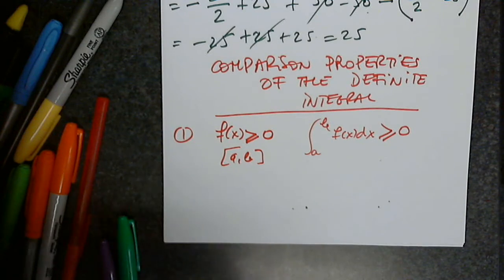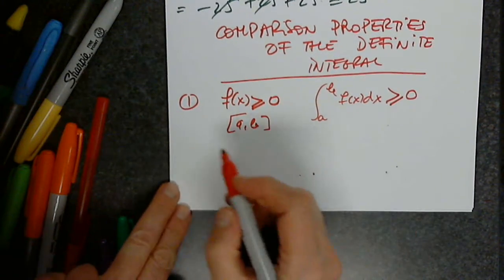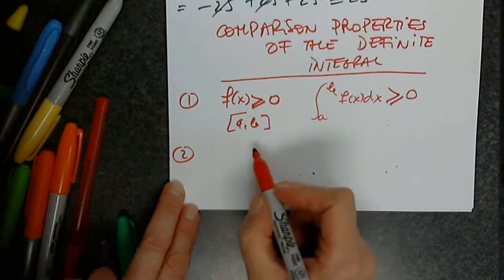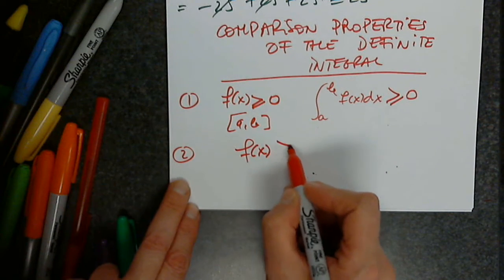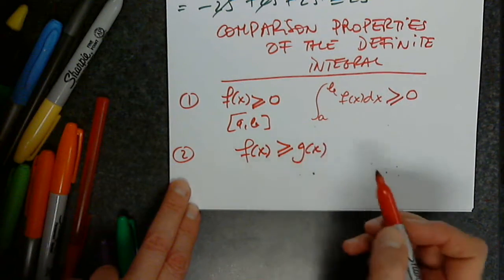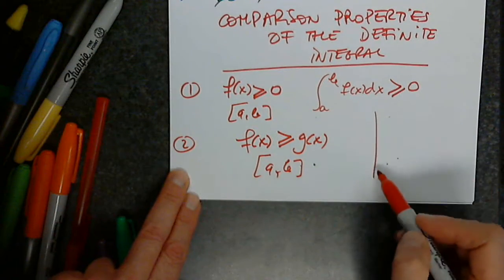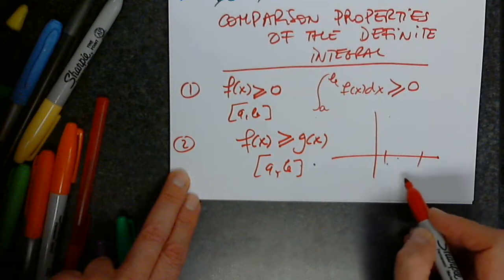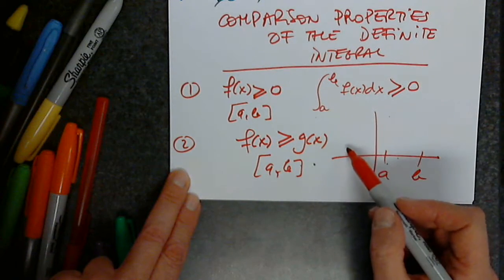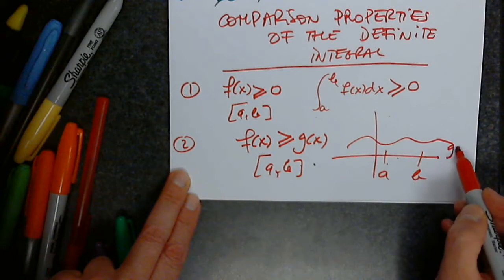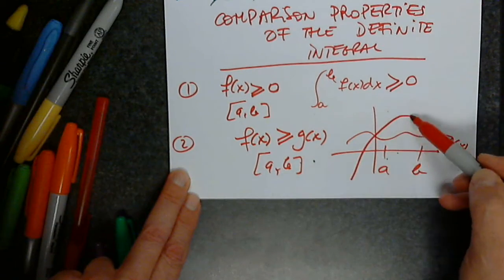Comparison property number 2. So assuming I have a situation in which a function f of x is always above a function g of x on the interval a comma b. So a situation like this, for example, on the interval a comma b, one function is here and another function is here.